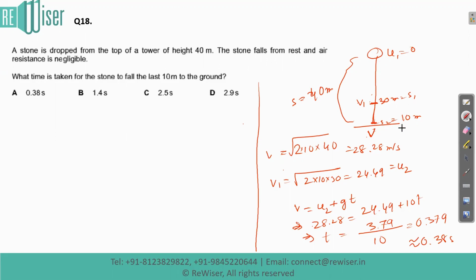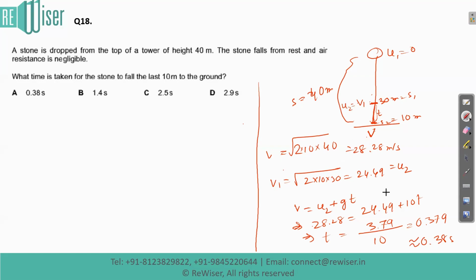Now, in order to find out the time taken here, we can find out the final velocity till this point, and this V1 will become U2, the initial velocity for the second journey, from here to here.